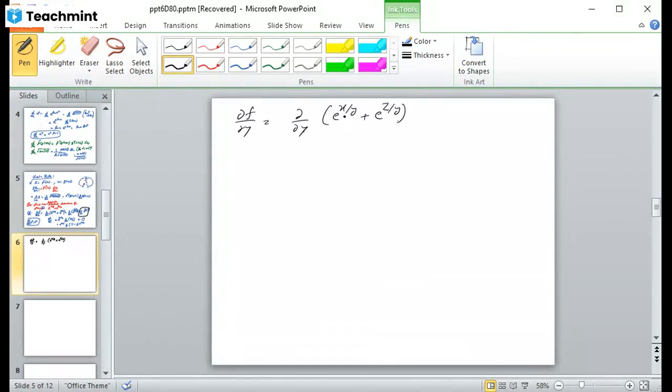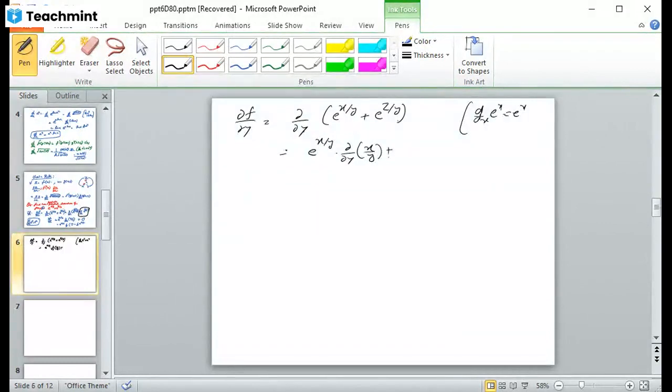So again, it is a composition of functions, where the first function is exponential and the second is a function of two variables. So here we use the chain rule again. What is the derivative of exponential? It is exponential only. So the derivative of e^(x/y) is e^(x/y), but it further depends upon more than one variable.